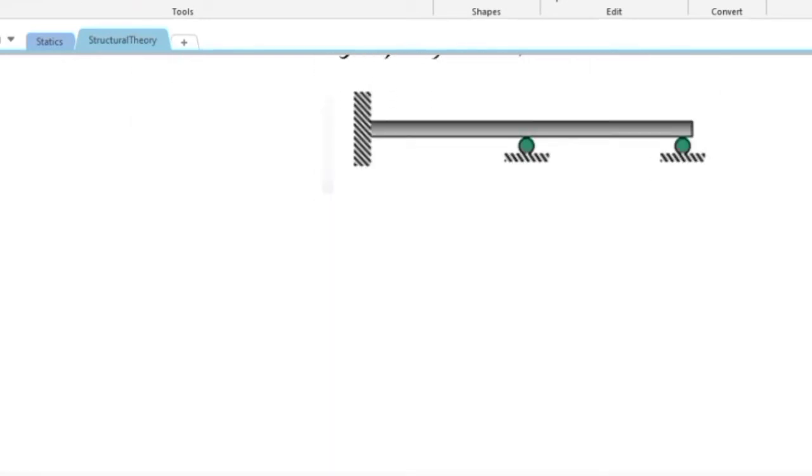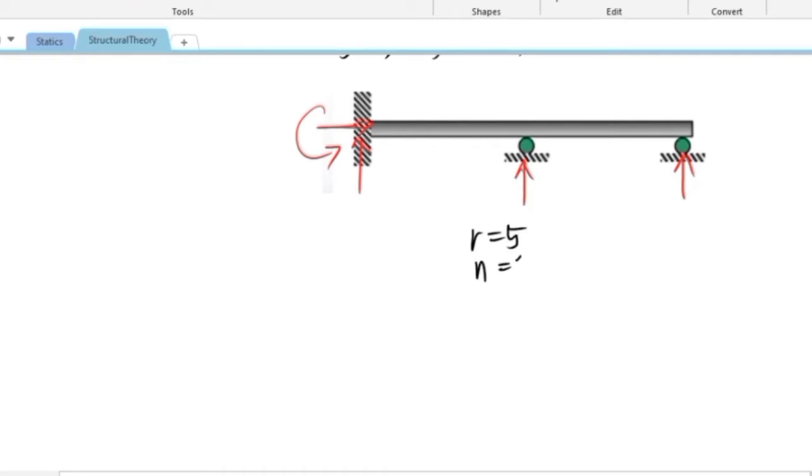Next, in this one, we have a fixed support, meaning we have 3 reactions here. And then here, you have a roller, 1 reaction. So the total number of reactions is equal to 5, and your n is equal to 1.